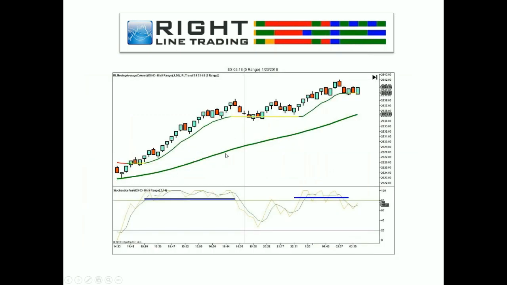Now here's stochastic. We've modified our assessment of stochastic to make it a lot more tradable, and I think more reasonable and rational. Again, if you want to trade stochastic divergence, you're going to have a huge problem.